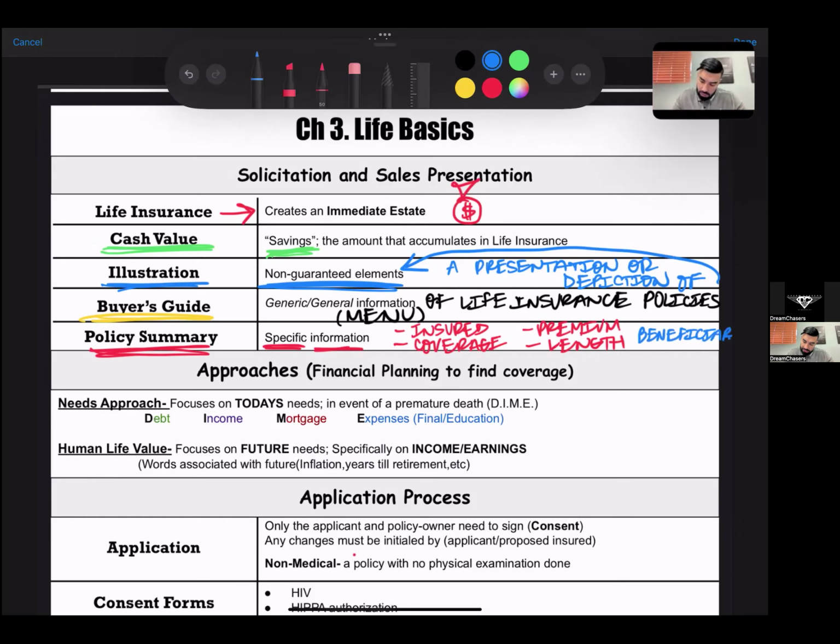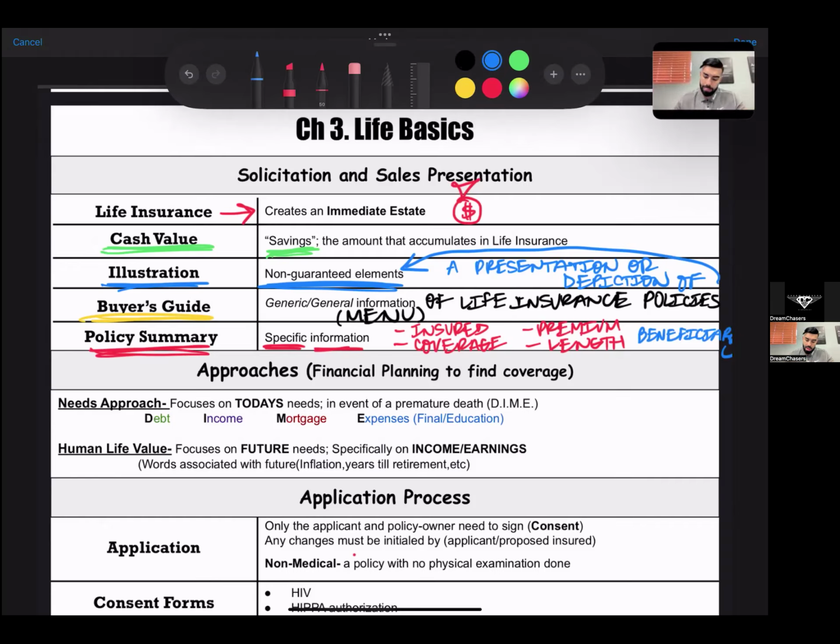The beneficiaries will be written on the back on the copy of the application. So there's a question that pops up there that will say, all of the following will be listed in a policy summary except A, coverage, B, premium, C, length of time, or D, beneficiaries. Beneficiaries will not be listed on the policy summary.